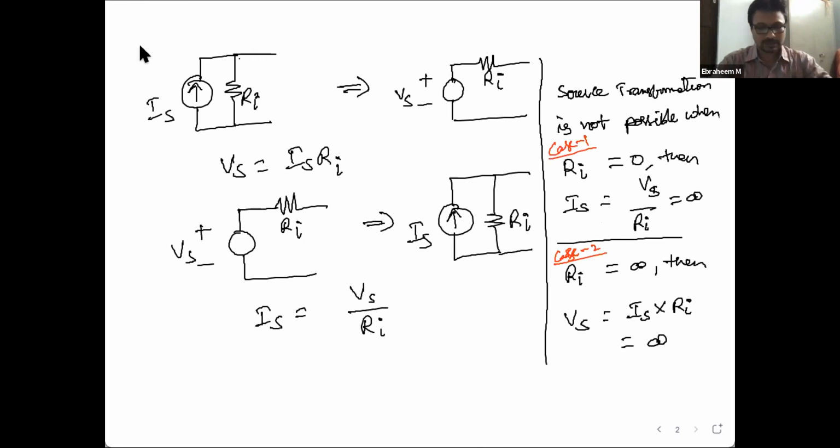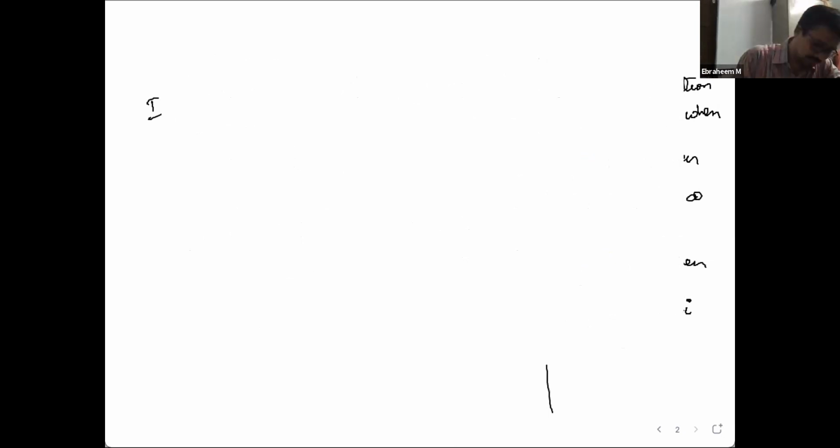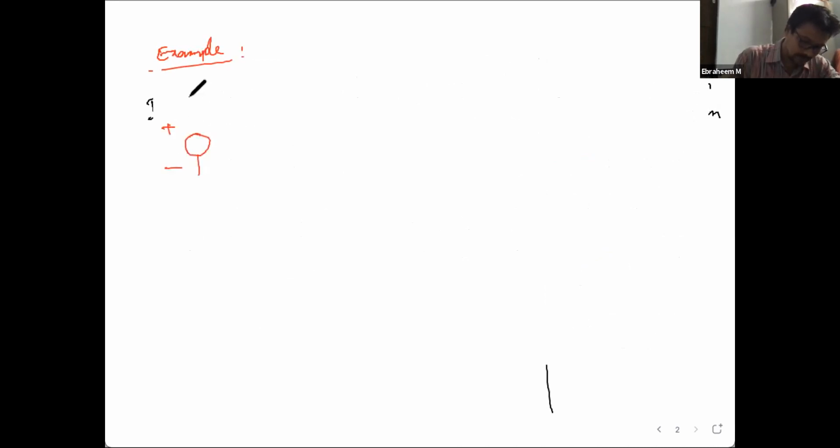So let us do a simple example, with a voltage source, internal resistance, and a current source.